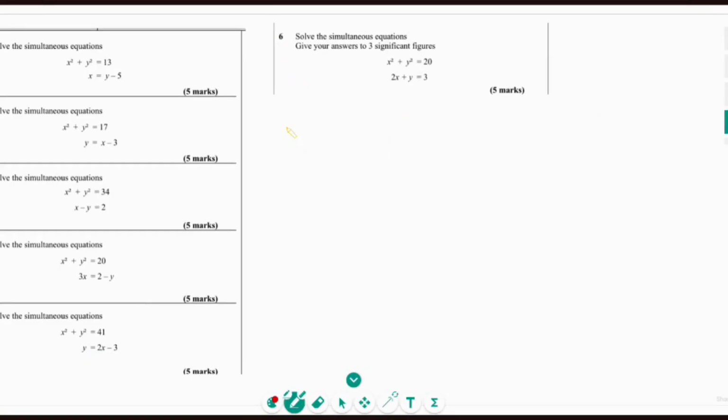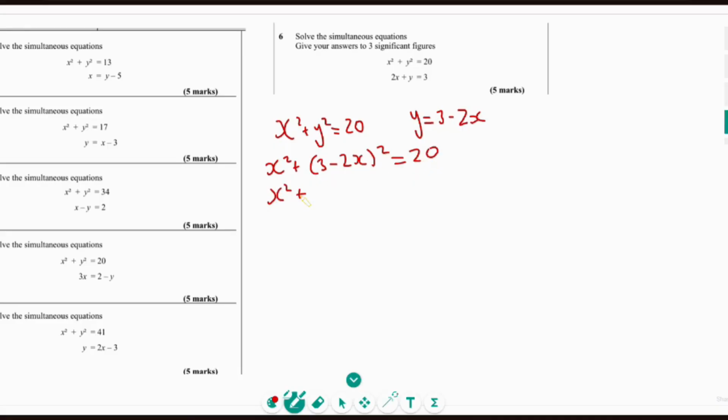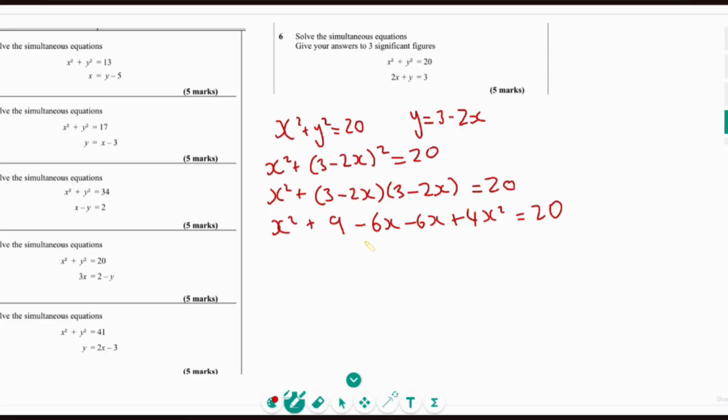Okay, last question. I would make y the subject here by taking 2x off both sides. Take 20 off both sides.